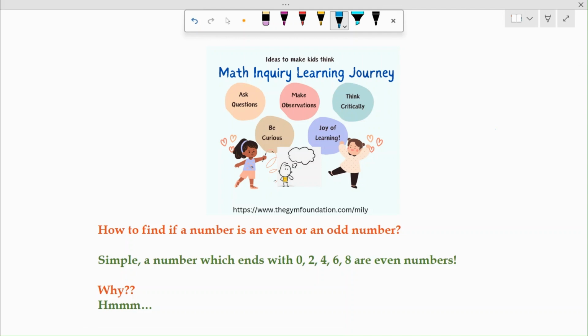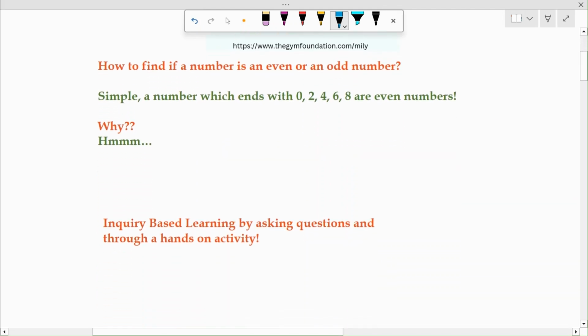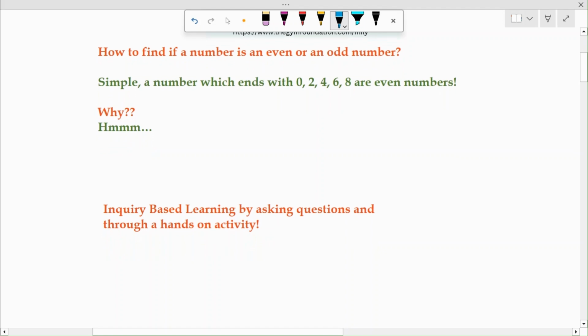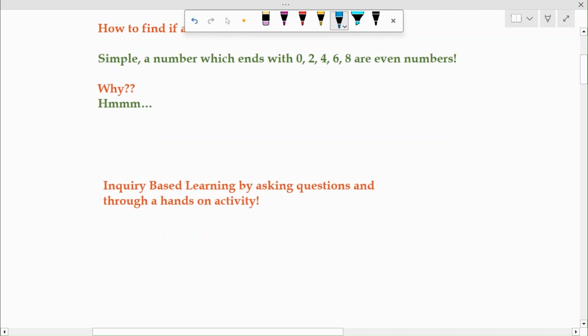So, in this session, we are going to see how, by asking questions and through a hands-on activity, children can explore themselves and understand why the numbers ending with 0, 2, 4, 6, or 8 are even numbers.